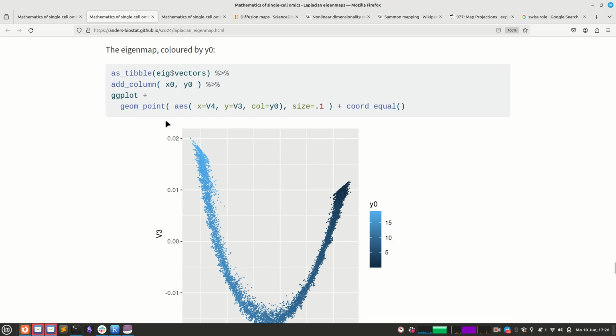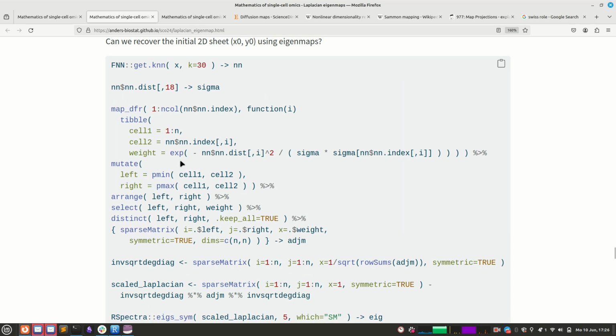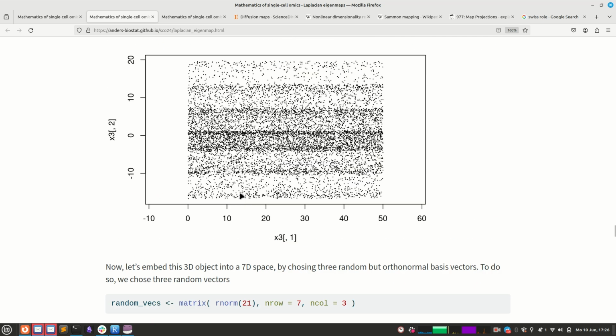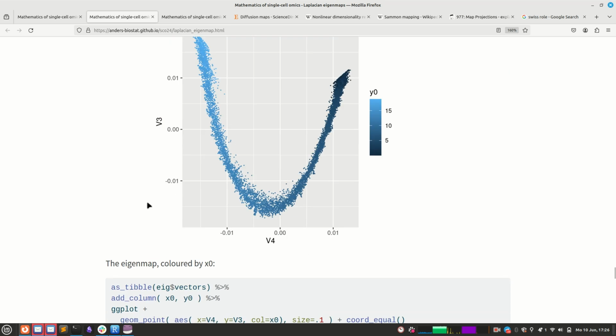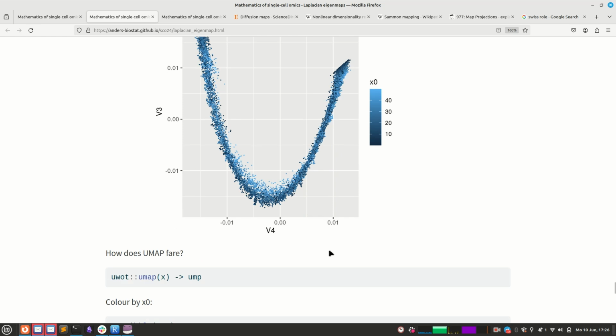And then I get this seven-dimensional thing, and then I can ask, can I get back to this? What happens if I subject this to diffusion maps or to Laplacian eigenmaps or to UMAP or whatever, and ask, does this work well or not?